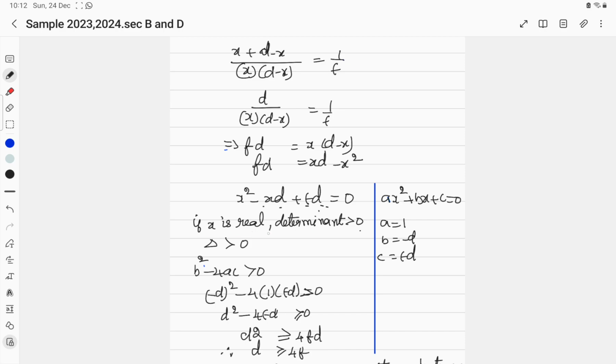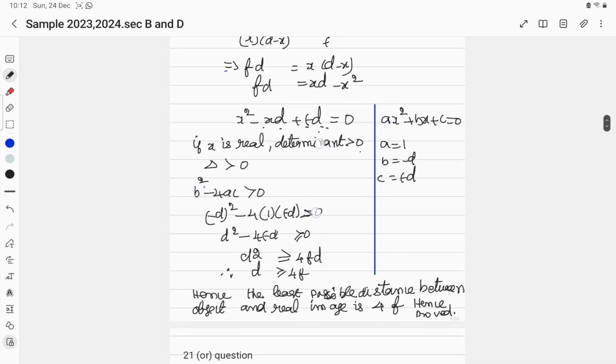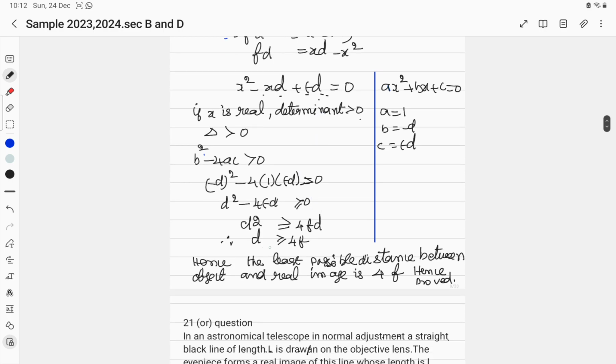If x is real, we know that the discriminant is greater than or equal to 0. Discriminant means b square minus 4ac is greater than or equal to 0. Substituting the values, we get D is greater than or equal to 4f. Hence, the least possible distance between object and real image is 4f, hence proved.